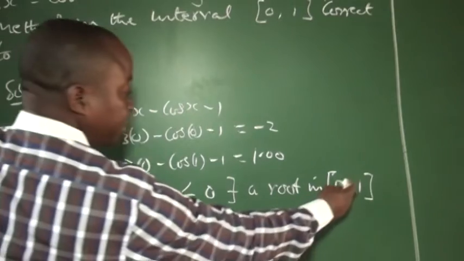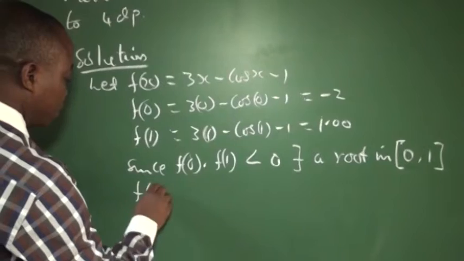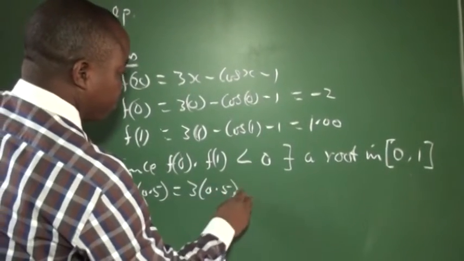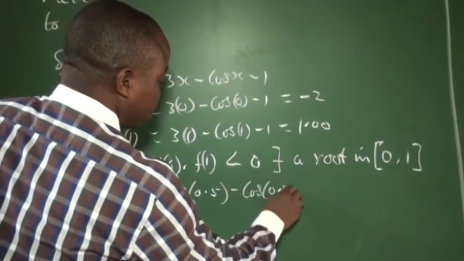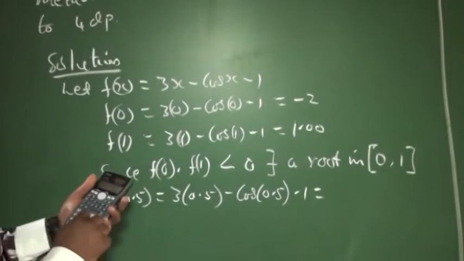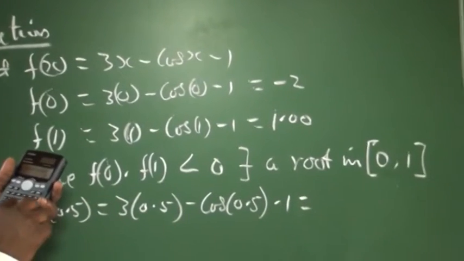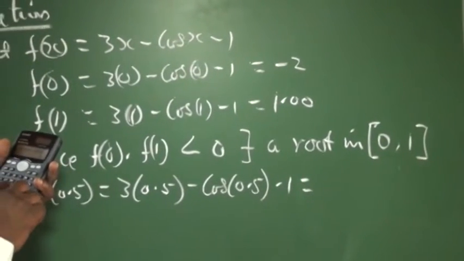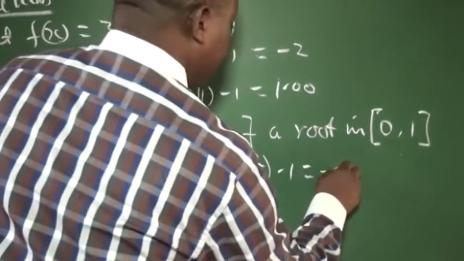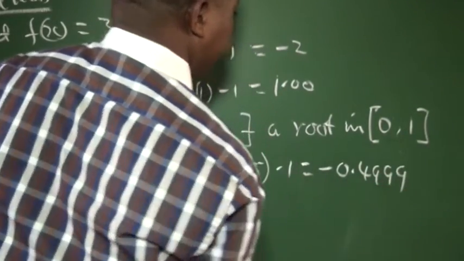Now I want to divide it by 2, and this is 0.5. So f of 0.5 will be equal to 0.5 minus cos 0.5 minus 1. That gives me minus 0.4999.